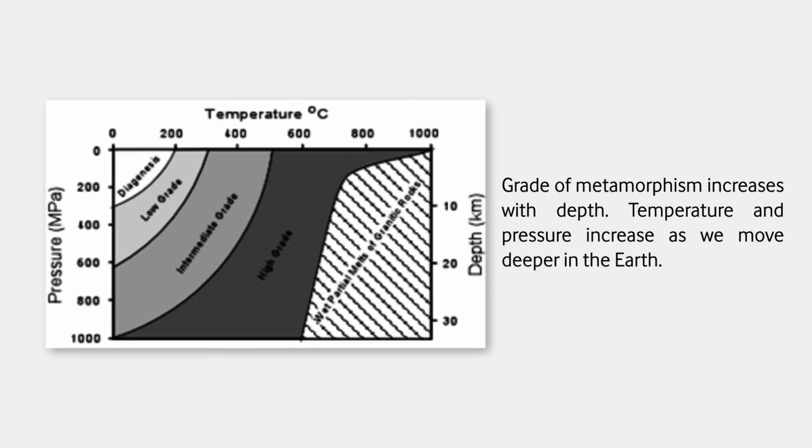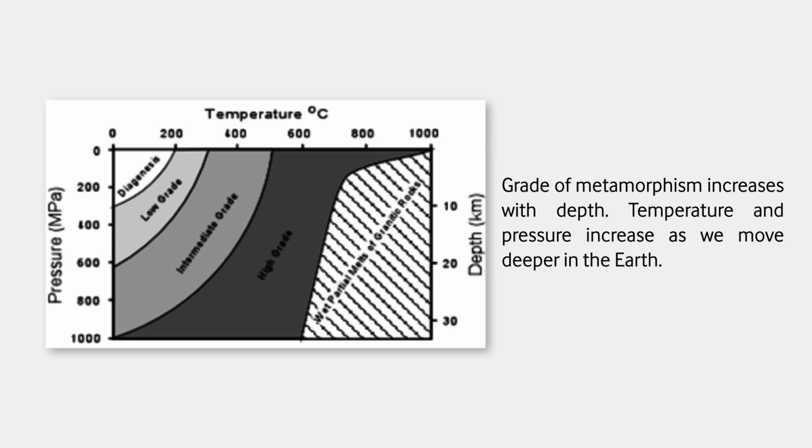The grade of metamorphism increases with depth. Temperature and pressure increase as we move deeper in the earth. See here on the left hand side, I have shown pressure, and different temperatures shown at the top of this diagram, increasing from left to right from 0 to 1000 degrees.